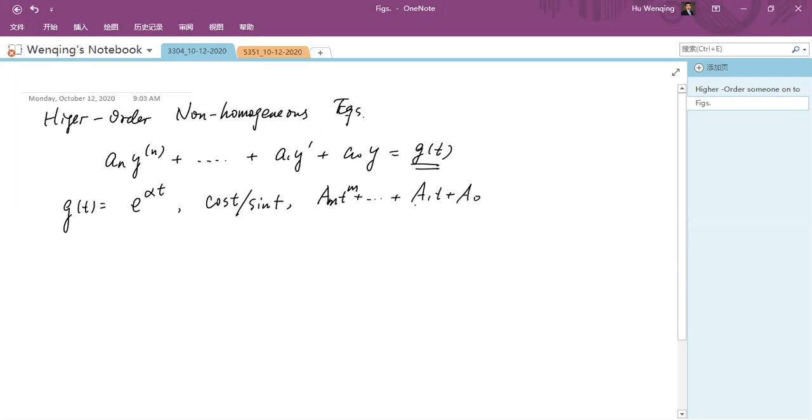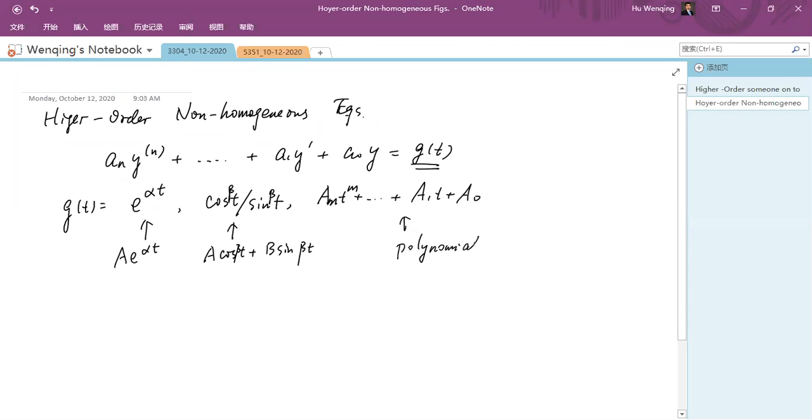Then based on our idea, you try a e to the power alpha t times a cosine beta t plus b sine beta t, and a polynomial of the same order. These are ideas we might use in the theory of non-homogeneous equations.